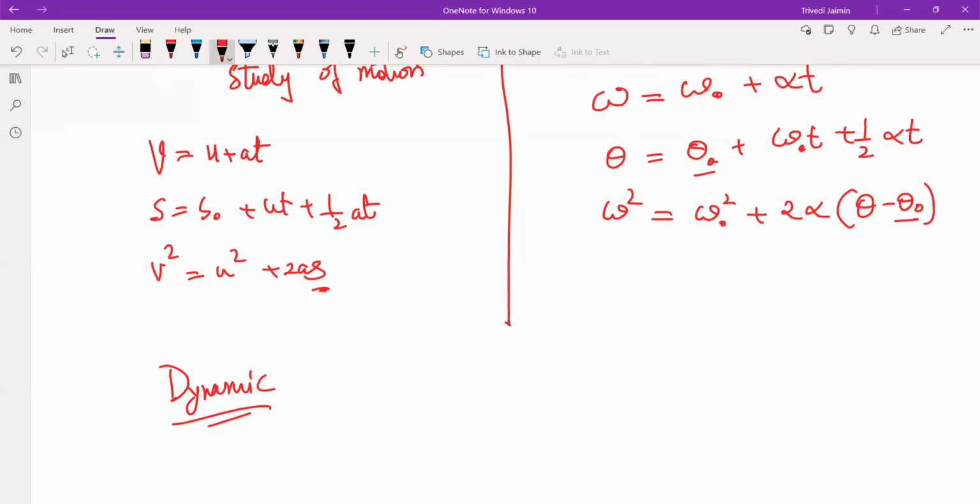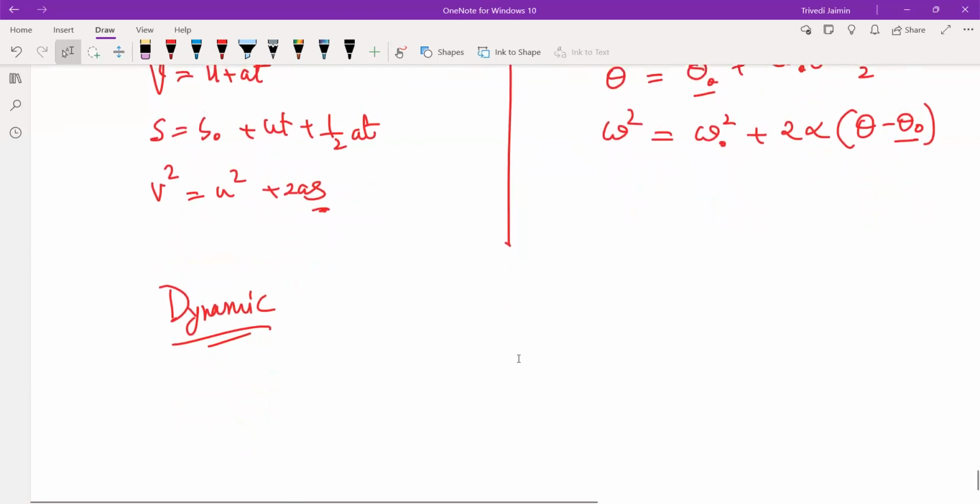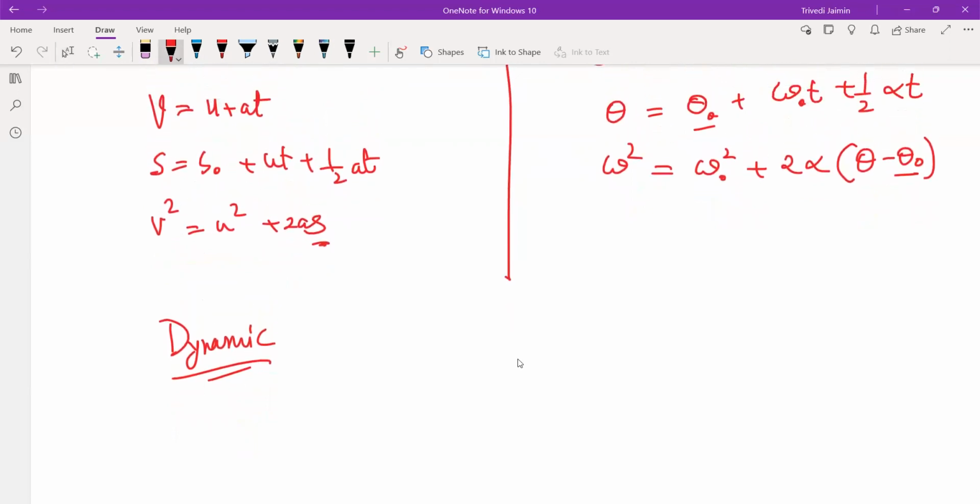Those studies come under dynamics. To conclude in one statement, it is the study of the cause of motion. In short, force and torque.